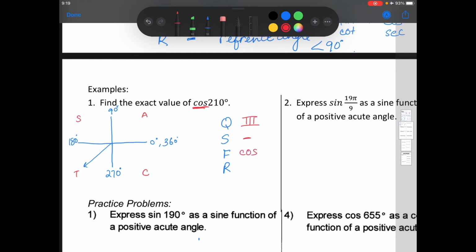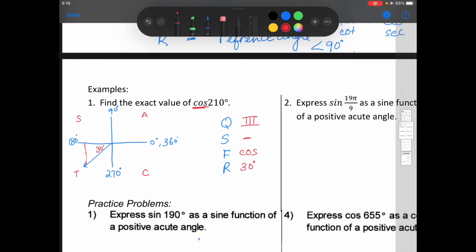Now I'm left with just my reference angle. I'm going to draw my reference triangle, and this is my angle theta. So this was 210. How do I find this angle? It's 210 minus 180, so it will be 30 degrees. So what's your reference angle? 30 degrees. It's always going to be a number less than 90.